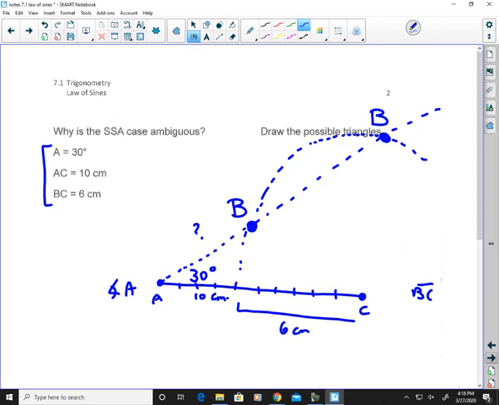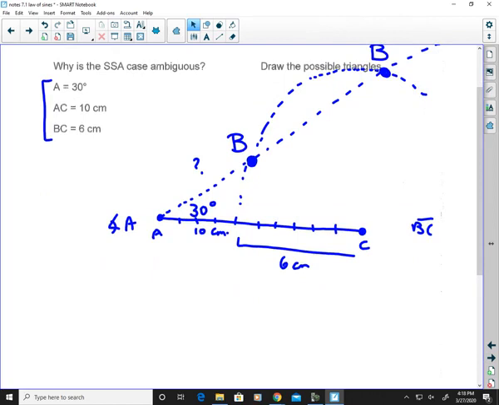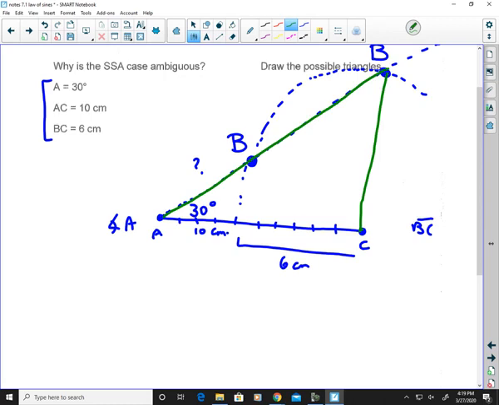The triangle that most people would think it is, and it's kind of counterintuitive, is actually this bigger triangle. That's because with this being the acute angle, that's the first triangle you would have found using law of sines.